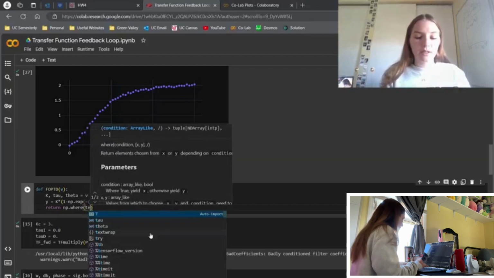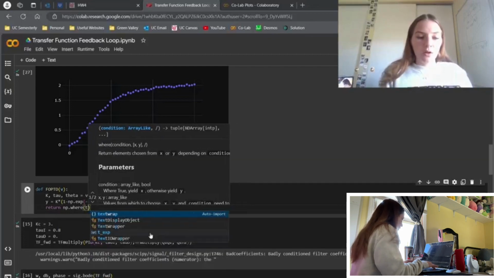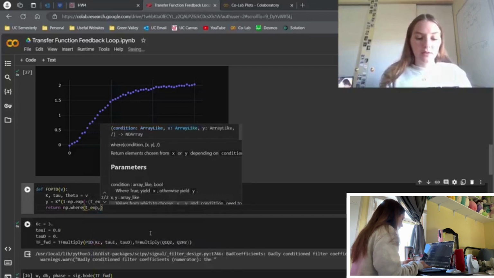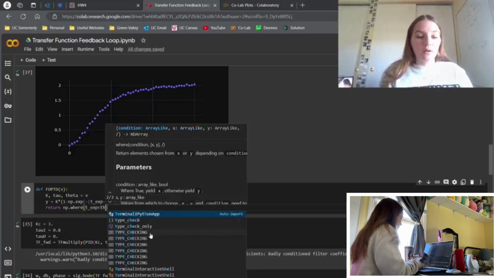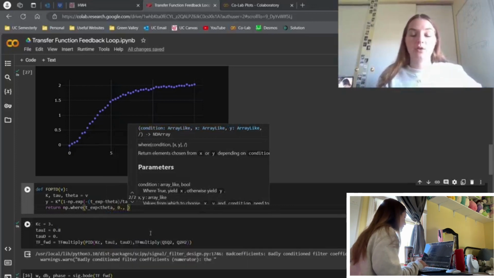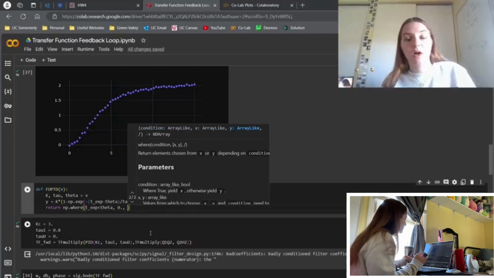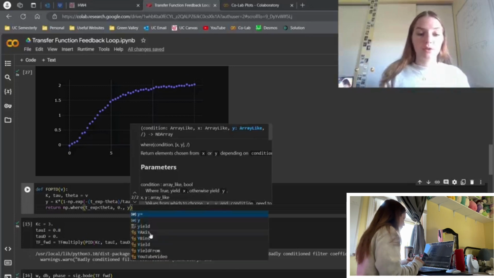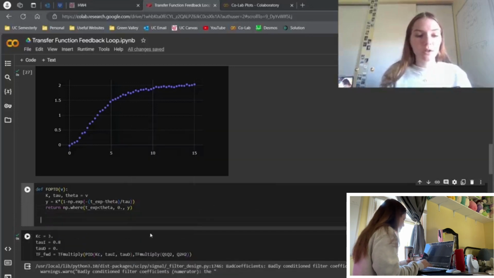So when our t experimental values are less than theta, so that means that we would be inside of our dead time, we want to output a 0, so our graph has no slope. And then if our t experimental values are above theta, we're going to return our y.